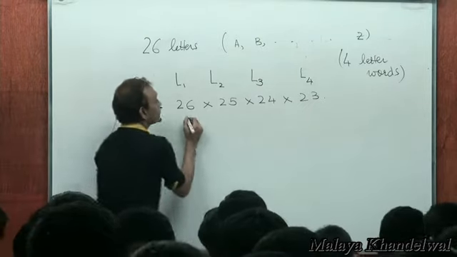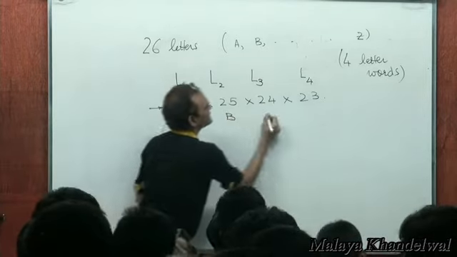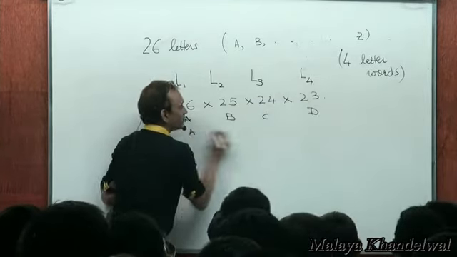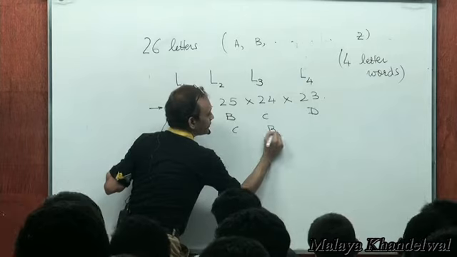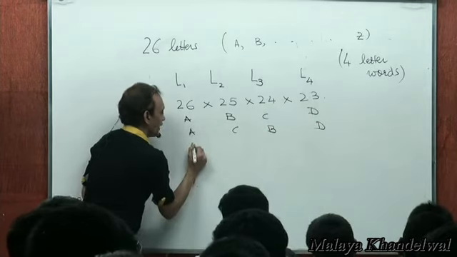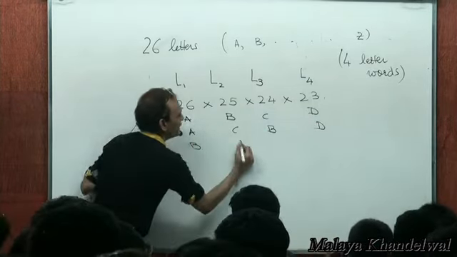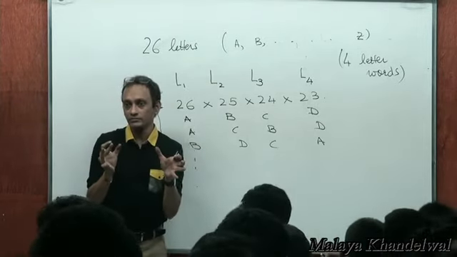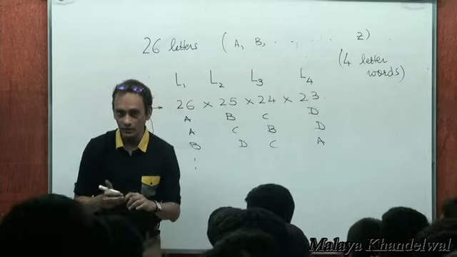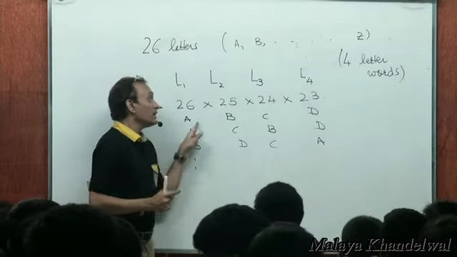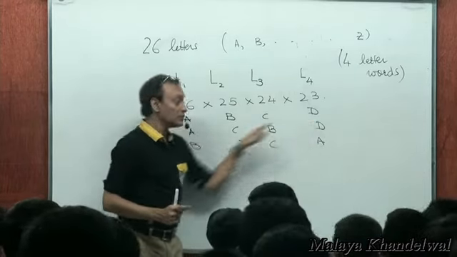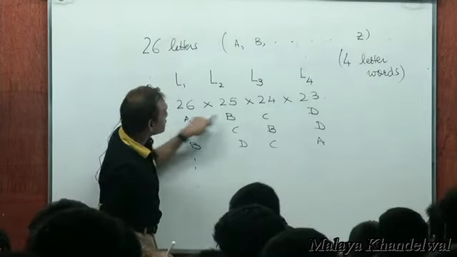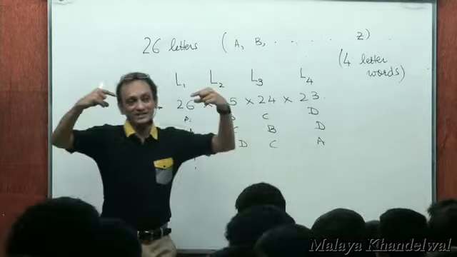So one way would be ABCD, then you could have had ACDB, BDCA, and so on. Suppose I use ABCD, then it will give me all possible arrangements of these 4 letters in these 4 spaces.